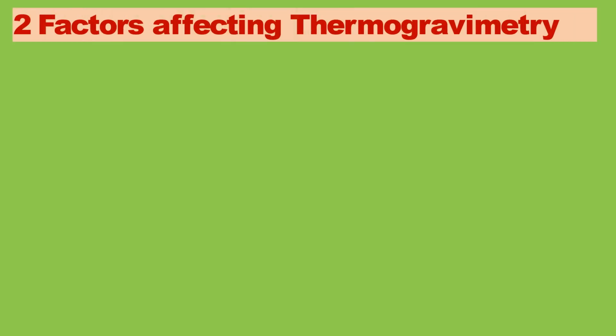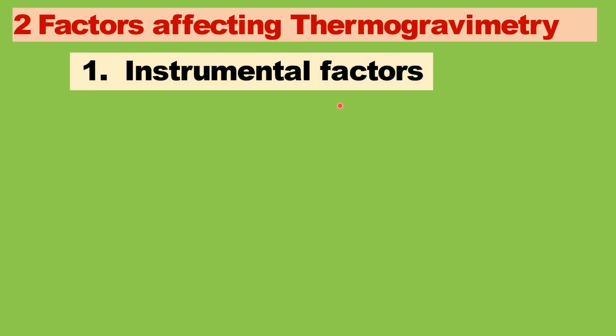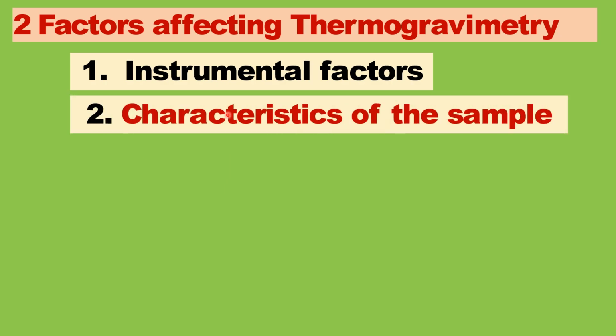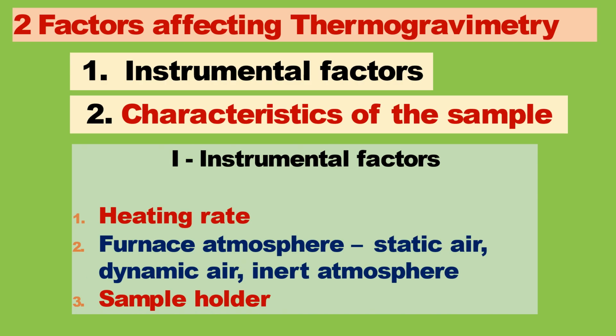Factors affecting thermogravimetry. There are two factors affecting thermogravimetry. They are instrumental factors, one. The other one is the sample characteristics of the substance we use for the study. Let us see the instrumental factors.